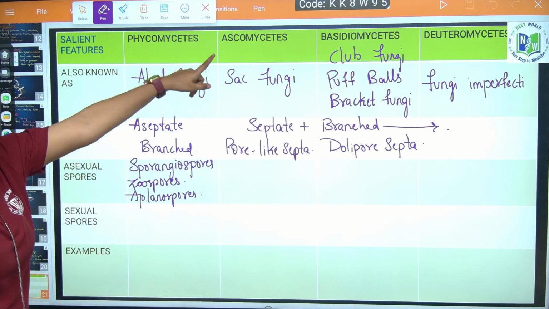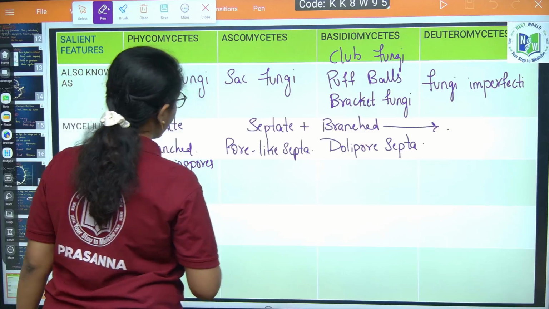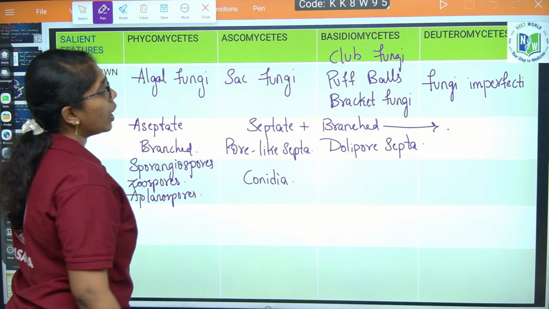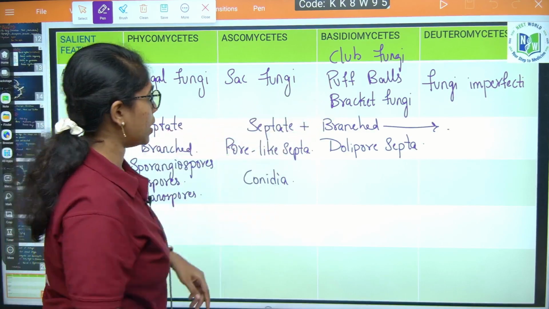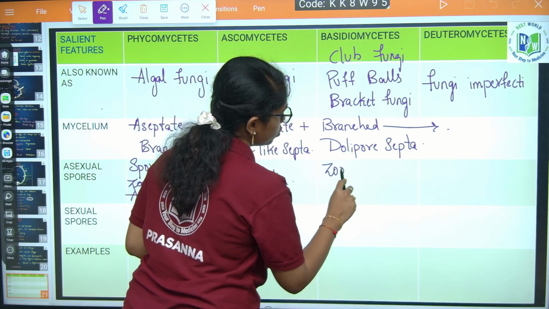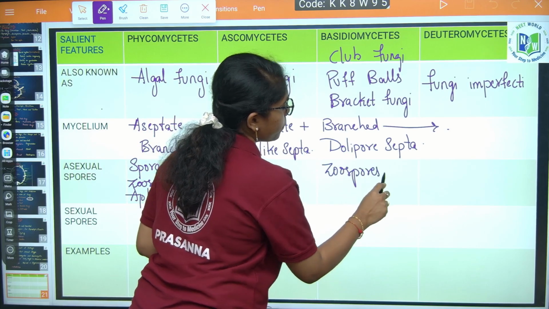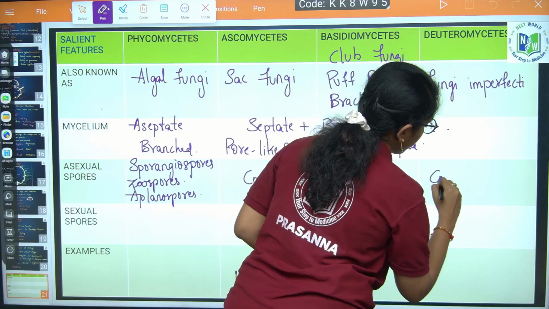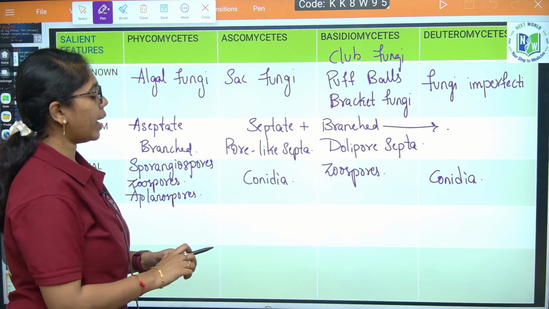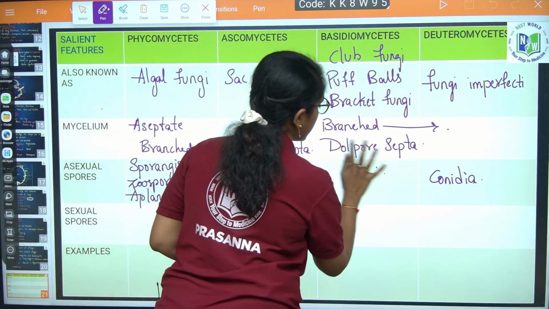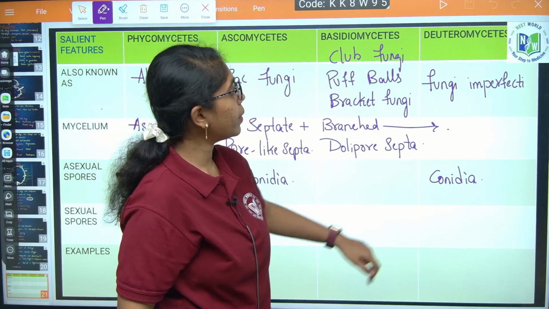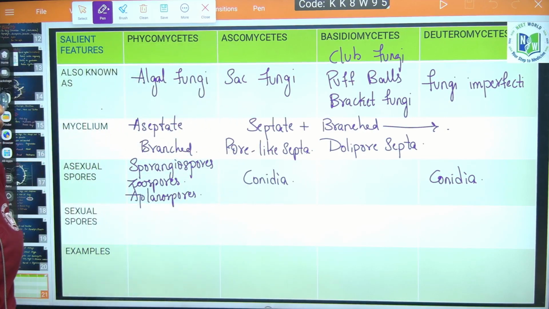If you take Ascomycetes, asexual spores include conidia. What do they include, beta? Conidia. In Basidiomycetes there is no asexual reproduction. Deuteromycetes, again it is conidia. The asexual spores formed in Deuteromycetes are what, Nana? Conidia.